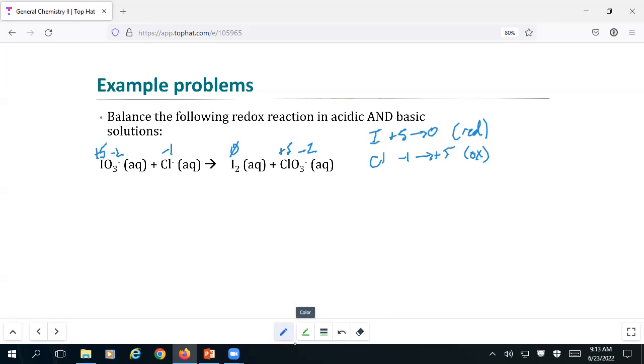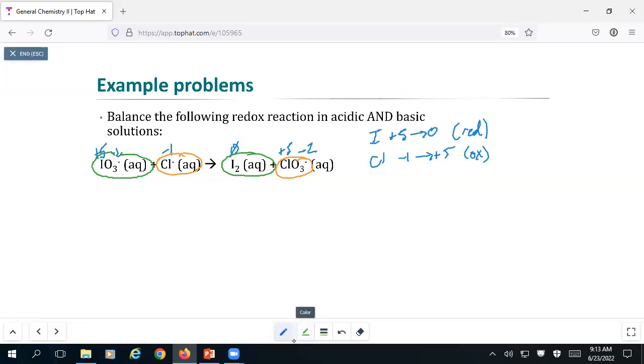We're not really looking at conjugate acids and bases, but we're looking for atoms or molecules that are similar in their composition. And that's what's going to get paired up in these half reactions. So the iodate and the iodine are going to be one such pair. They both contain iodine. And the chlorine and the chlorate make up the other pair because they both have chlorine in common.